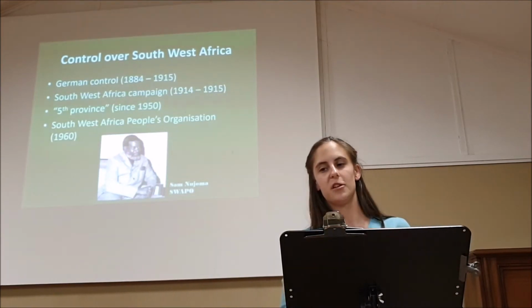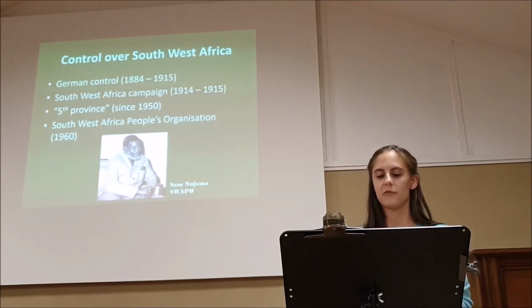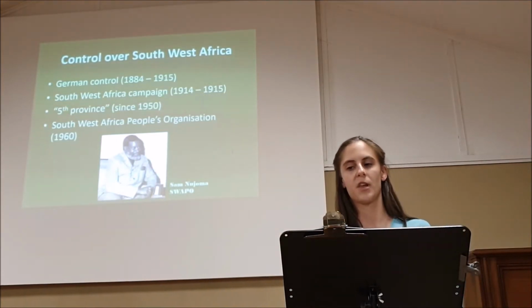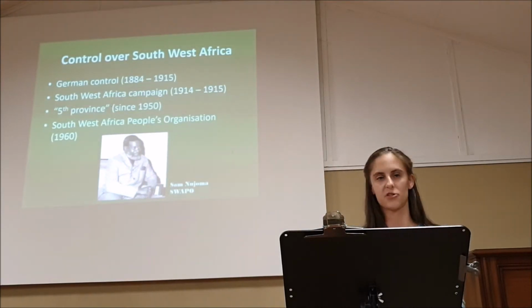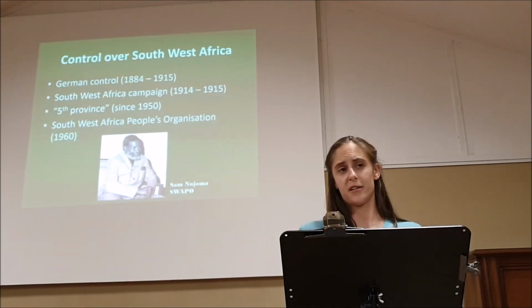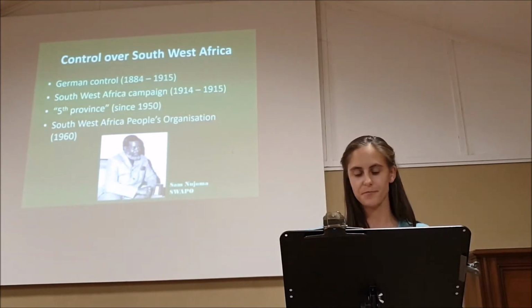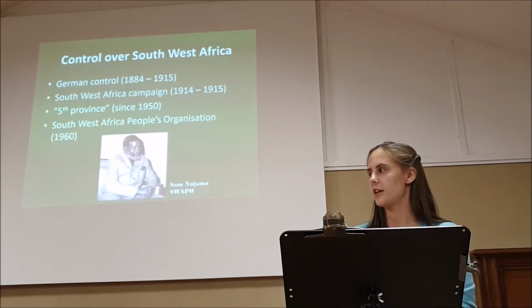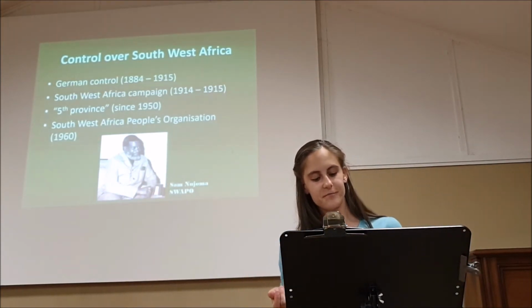And this can be seen by the mere fact that since 1950, Southwest Africans, the white population, could vote in elections that elected representatives to the South African Parliament in Cape Town. As a side note, it was always a National Party candidate.